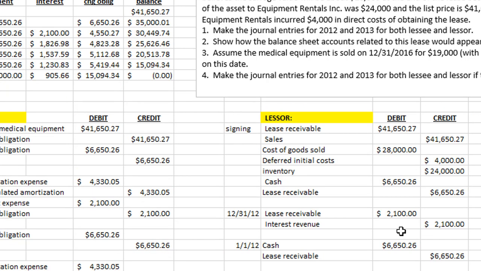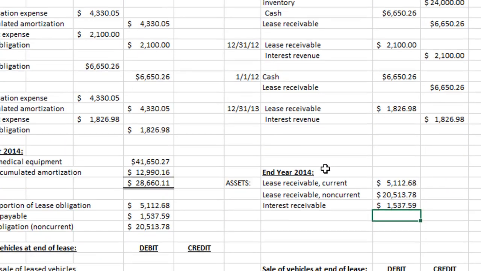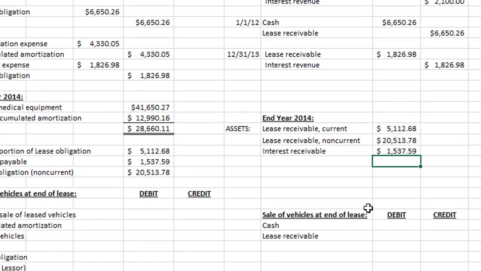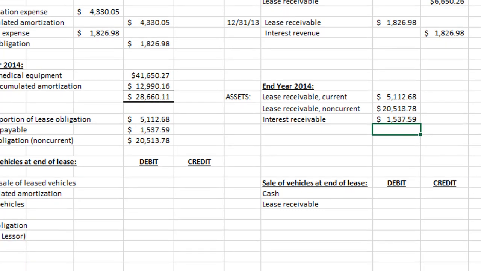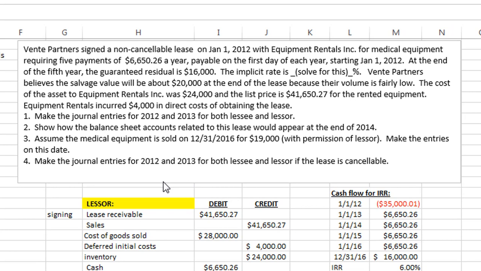And then the interest receivable that they've accrued at the end of 14, that's going to be coming in the next day, actually, right? Okay, so now what about the journal entries at the very end of the lease?